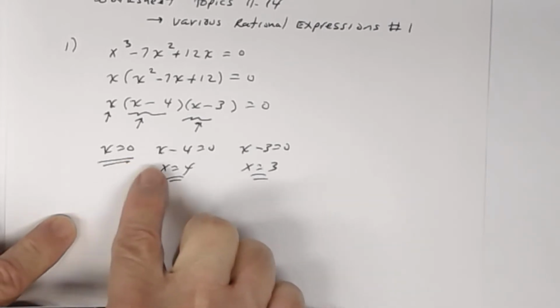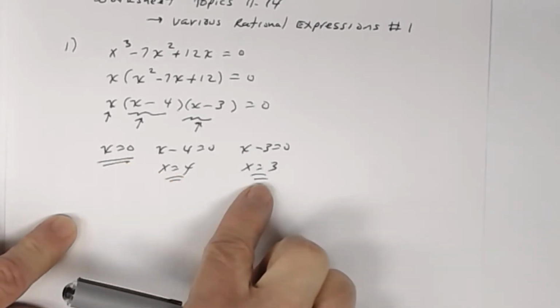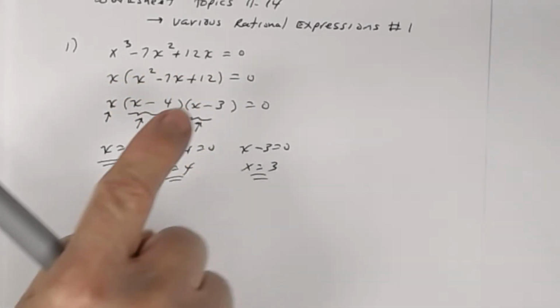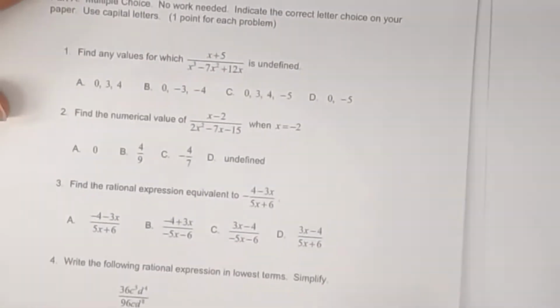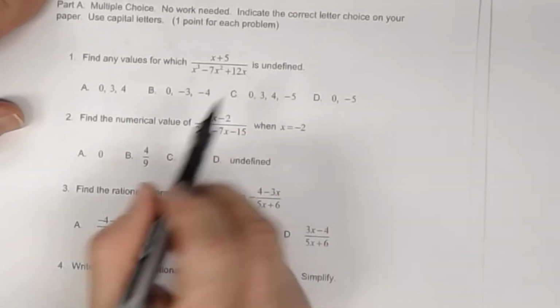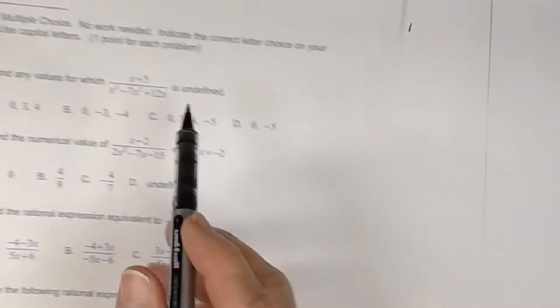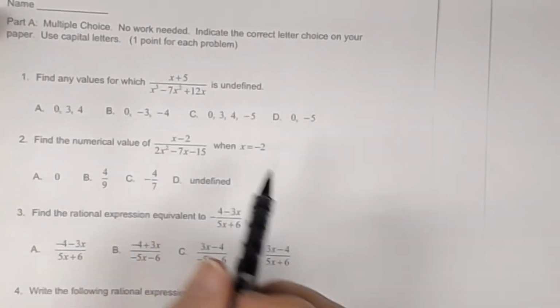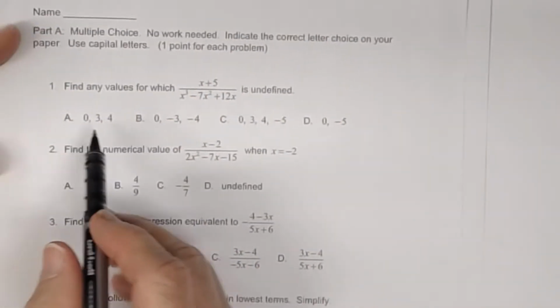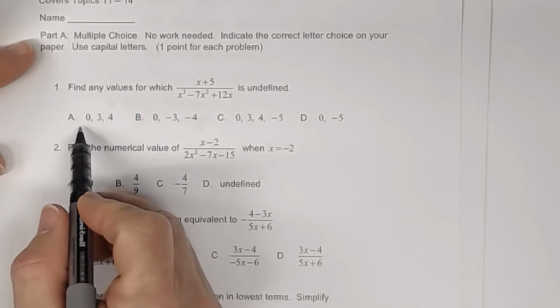When x is 0, 4, or 3, this polynomial is 0, which means the denominator is 0 and the rational expression is undefined. So the values that make it undefined are 0, 4, and 3.